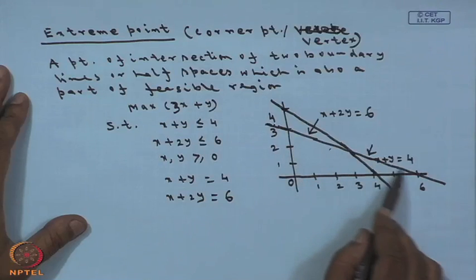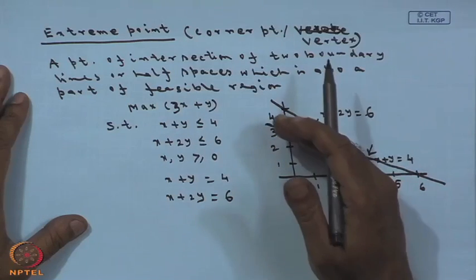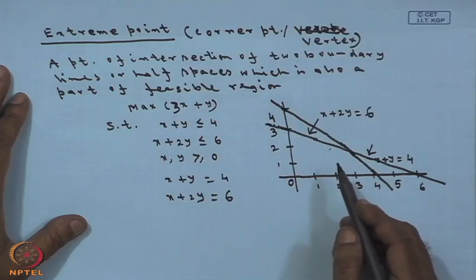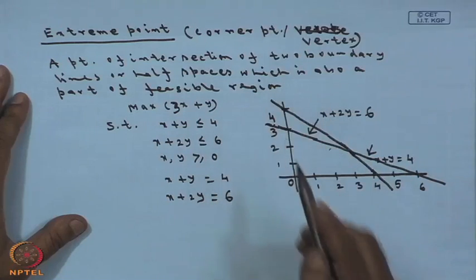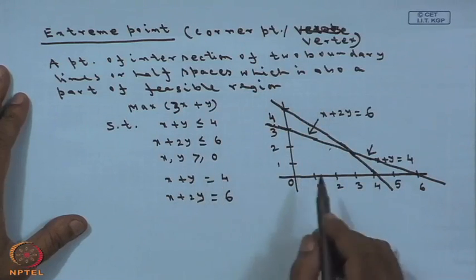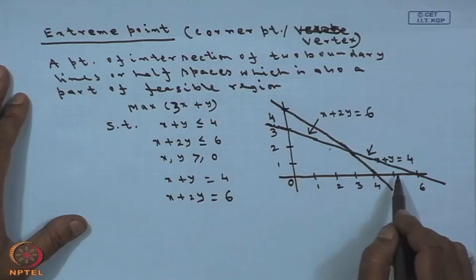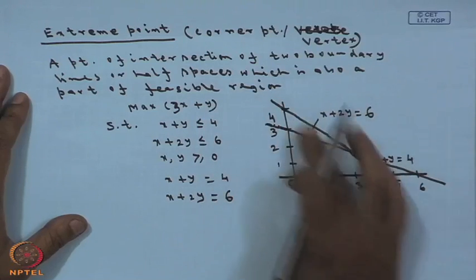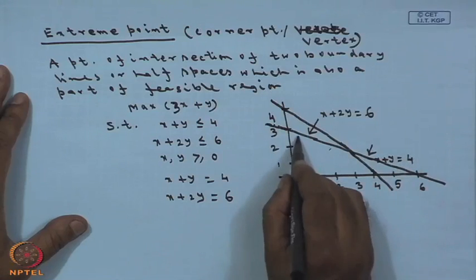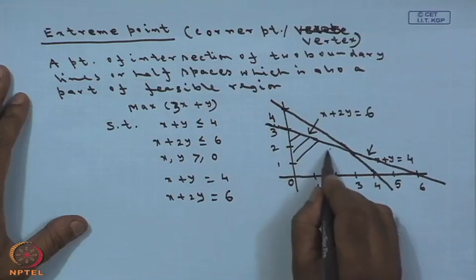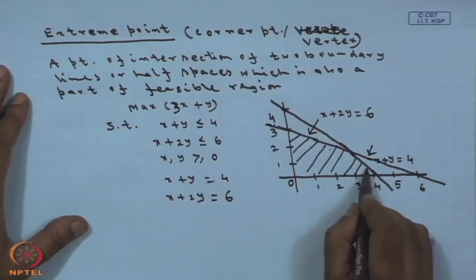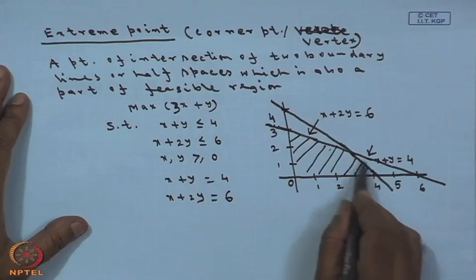We have drawn the line for x plus 2y equals 6, again below the line. The left side of the line will satisfy this one, and we have another two conditions, x greater than or equal to 0, y greater than or equal to 0, or we can say the first quadrant only, the positive quadrant only. Therefore, I can mark the feasible region something like this. This will be your feasible region.